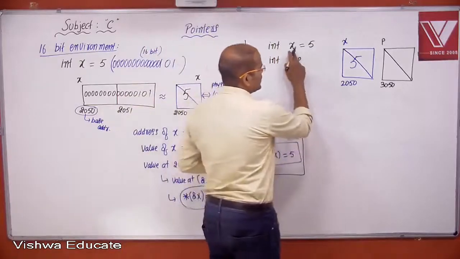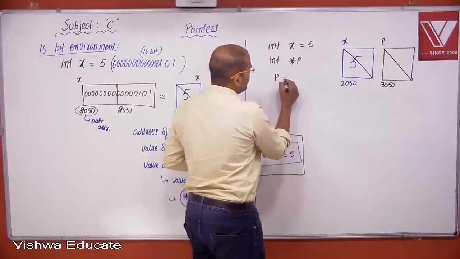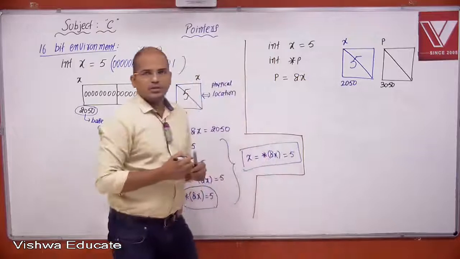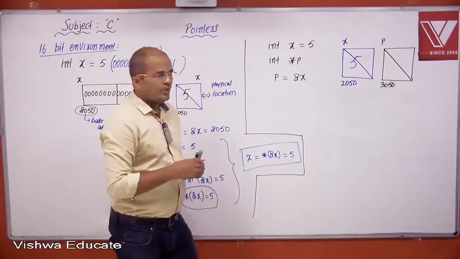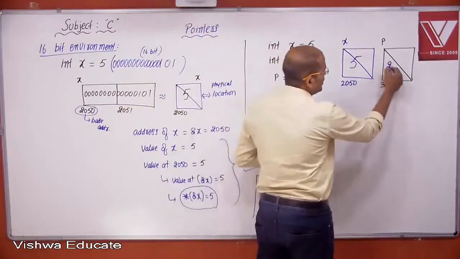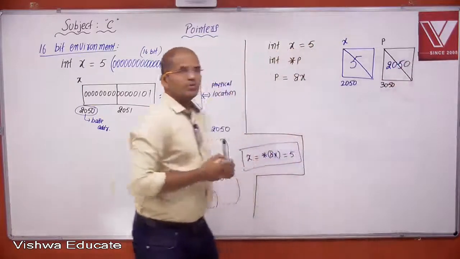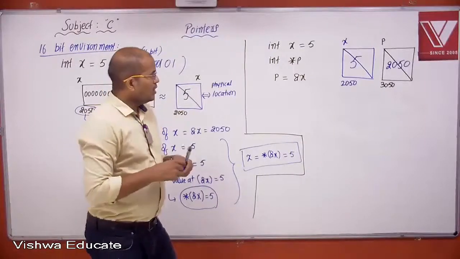Now x is 5, initialized p, and then I say p is equal to address of x. So what do you observe now? We observe that this value 2050 is copied here. It is 2050. Fine.